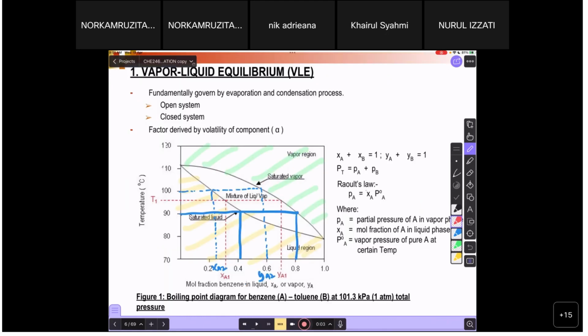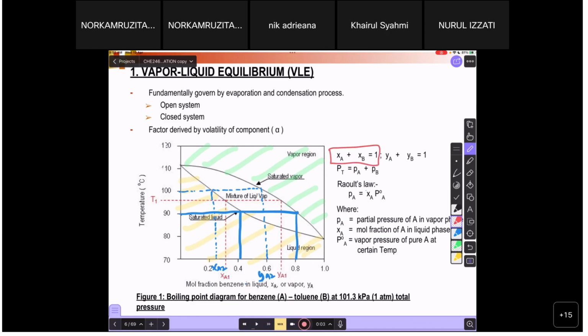Any question you should ask me. Your job is to know how to plot the equilibrium graph. To plot the equilibrium graph, you need to know about the composition that you are dealing with, and you have this already.